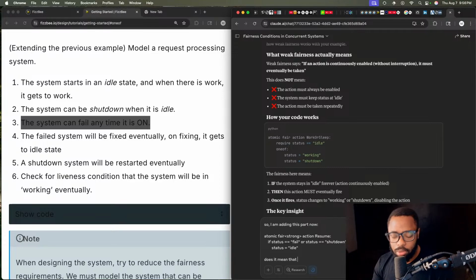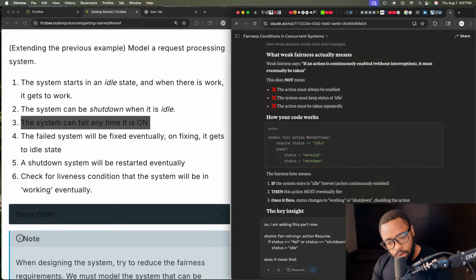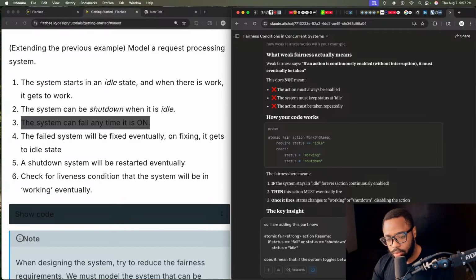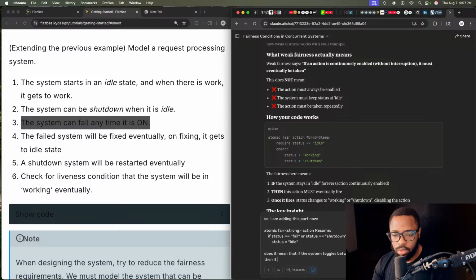Does it mean that if the system toggles between each of those flags or states, fail and shut down, then this action must eventually fire?